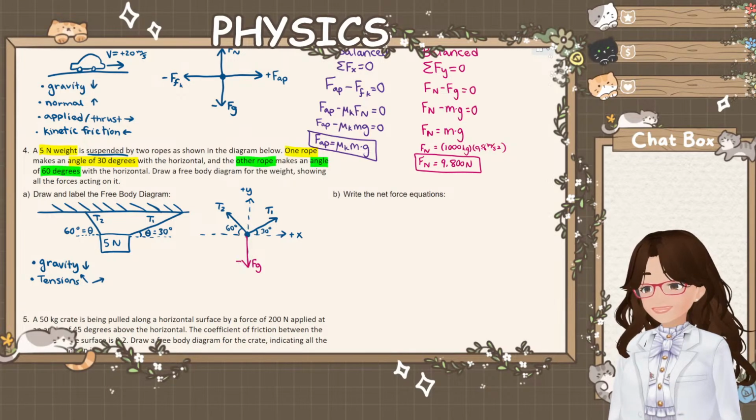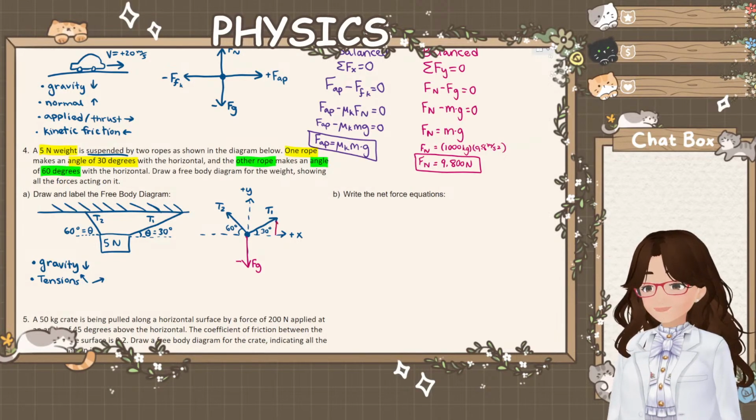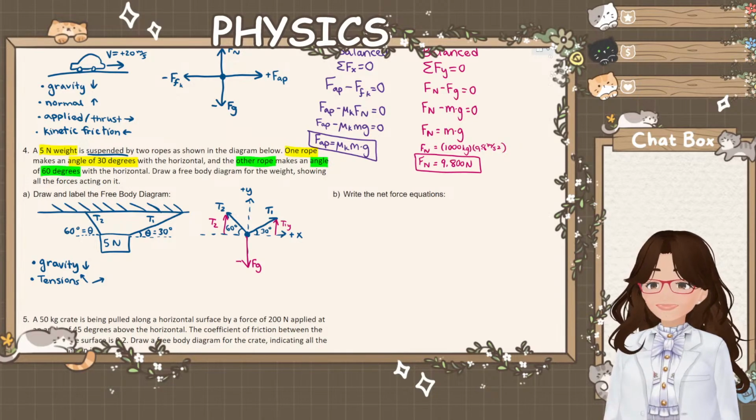And so because of that, I actually want to make sure that the sum of these two y components, this is T1y, and this y component, T2y, I want to make sure that my FG is equal and opposite to the magnitude of those two components, right? So in this case, I'm going to make sure that I draw that FG vector to be greater.